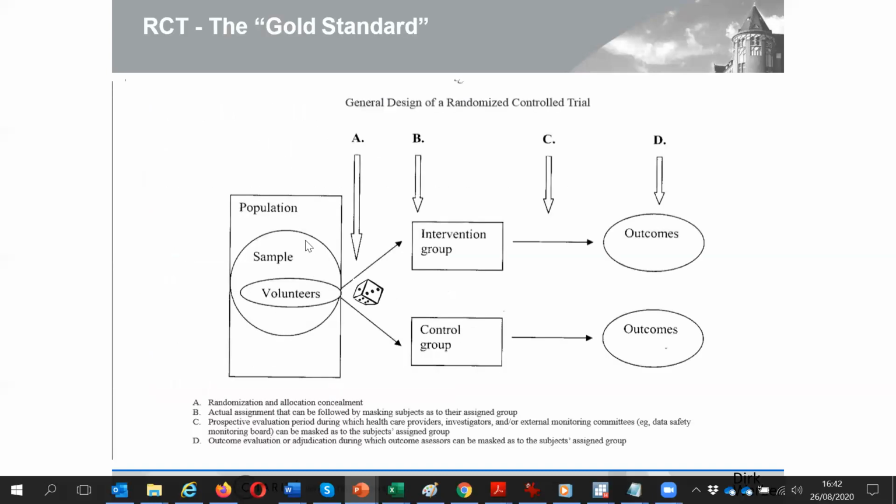This diagram just summarizes the whole process, and how the gold standard RCT appears. You've got your population, you get your sample, you then have your volunteers.